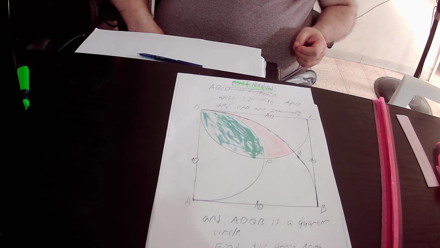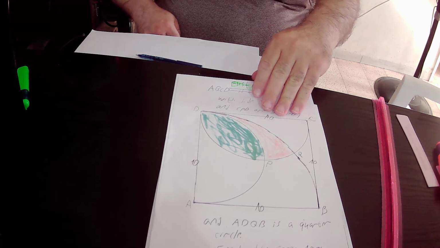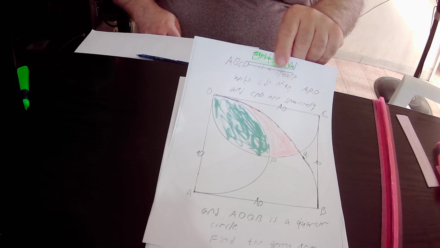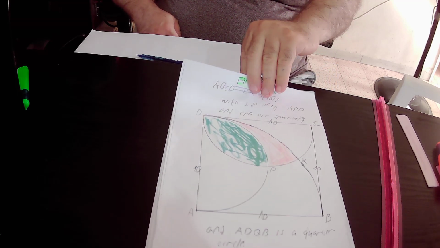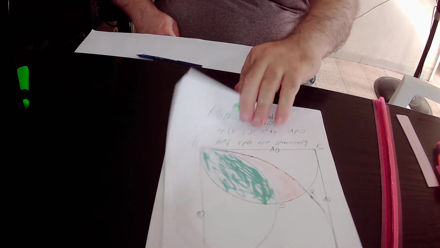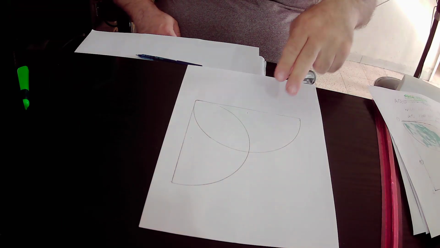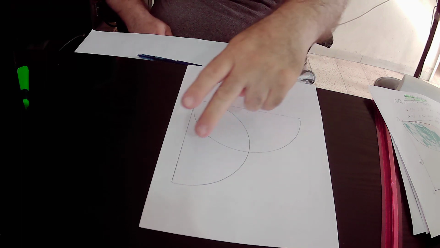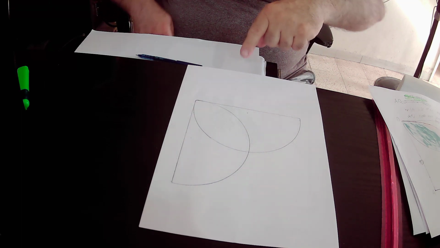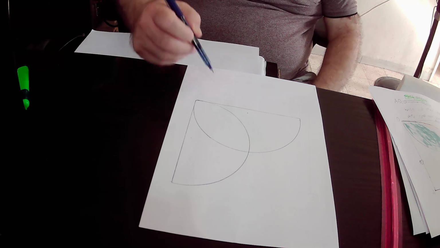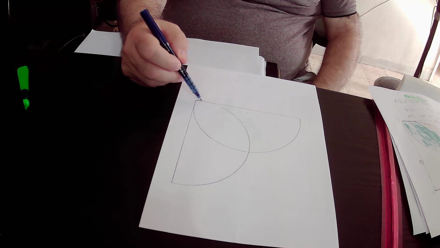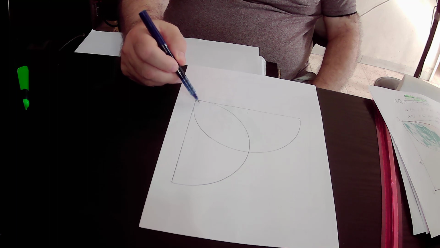Okay, so actually here we have those two semicircles that are perpendicular to each other. That is to say, this angle equals 90 degrees.